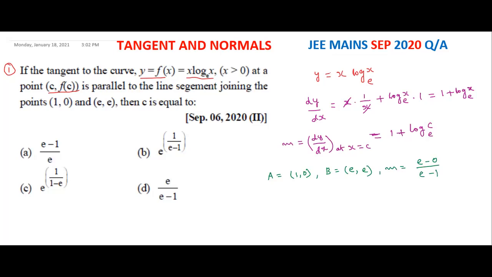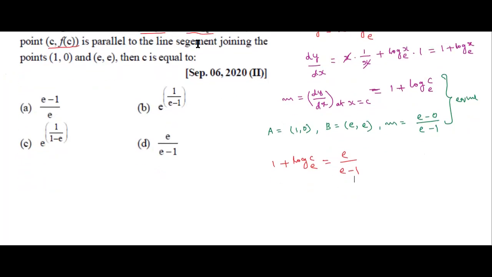We know that two lines are parallel means slopes are equal. These two slopes are equal. Now 1 plus logarithm of c to the base e, that is equal to e by e minus 1. Here we need to find c value. Here they are asking c.